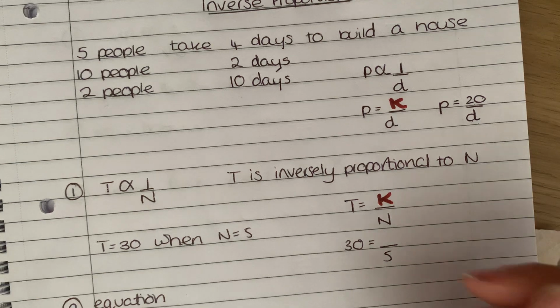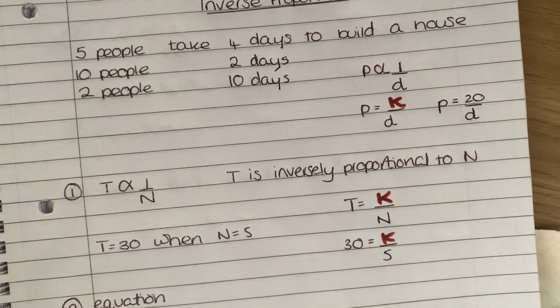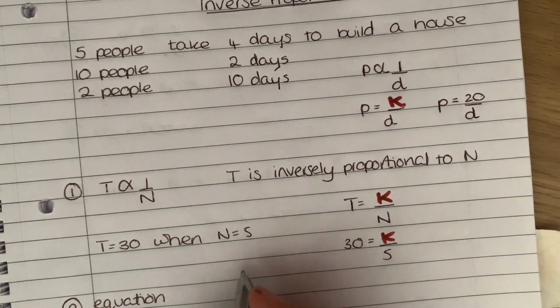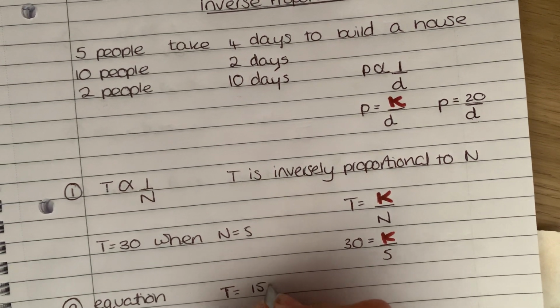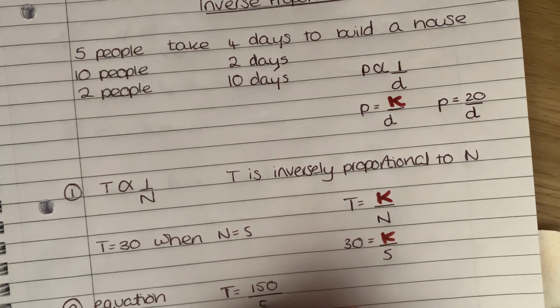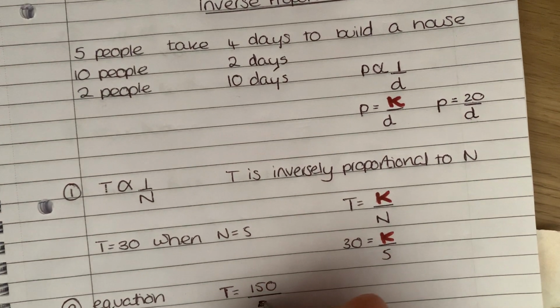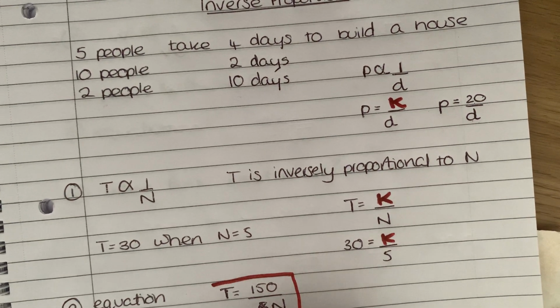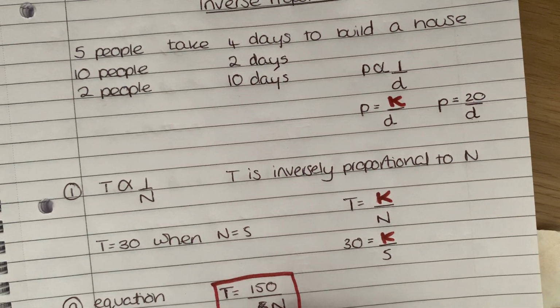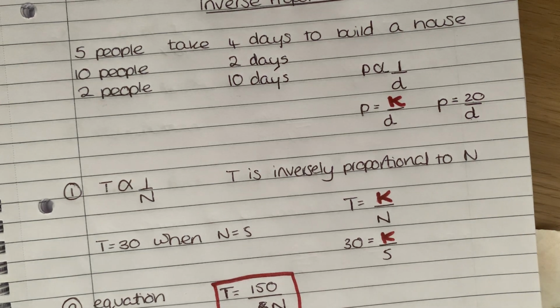So we've got to work out the value of k. By doing that, I can see that the value of k will be, well, 30 times 5 is 150. So my equation then will be t equals 150 over n. So there's the equation linking the two.